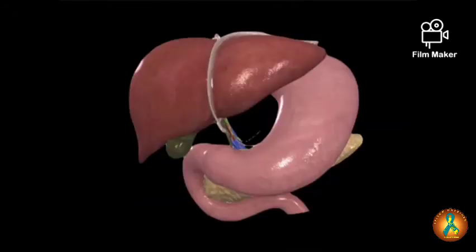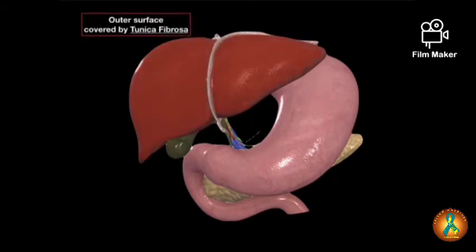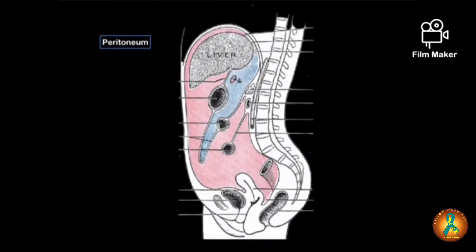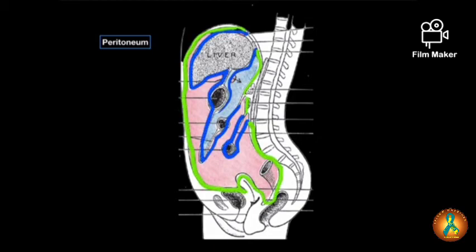So the liver is protected, right? It's protected by something called tunica fibrosa, which is a fibrous sheath. And then on top of it, it's covered by something called the peritoneum. I'll talk more about the peritoneum in my next video, but imagine this is a vertical section of the abdominal cavity, right? The peritoneum has two parts. You've got a parietal peritoneum in green, which covers the surrounding walls of the abdominal cavity.